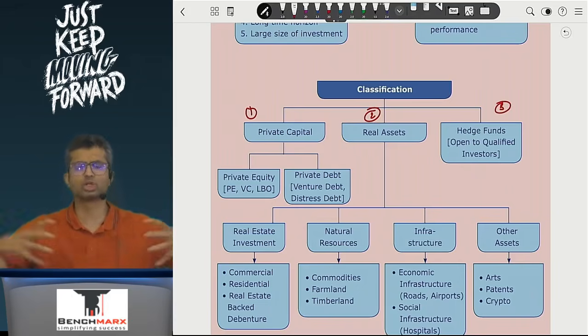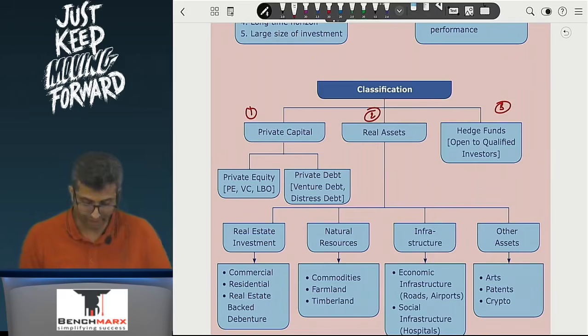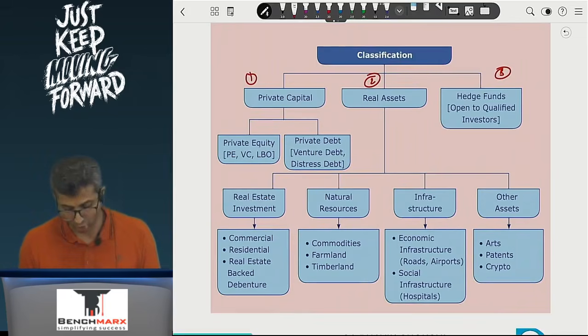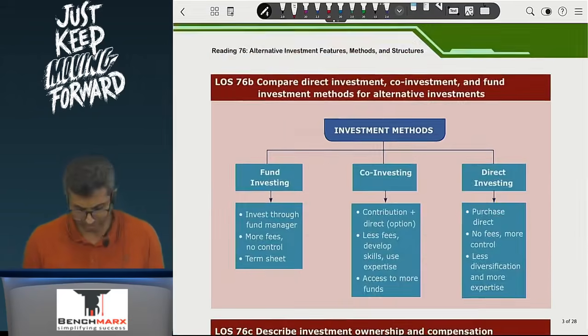Throughout this material you are going to study each of them in more detail, like a private equity fund, a venture capital fund, or a leveraged buyout, or private debt like distressed debt. Under real assets, you will study real estate and infrastructure investments, which can be social infrastructure, economic infrastructure, transportation, etc., and also digital assets. Each of them will be done in a lot more depth over the entire material.